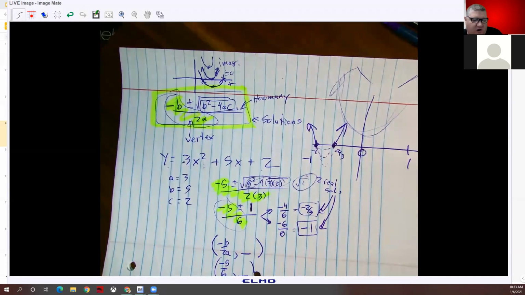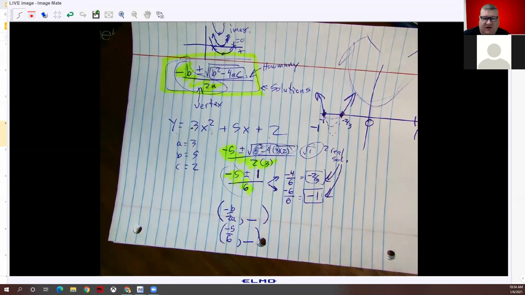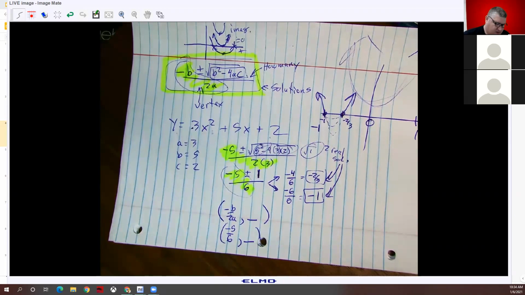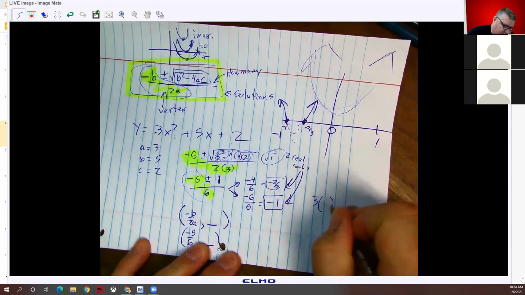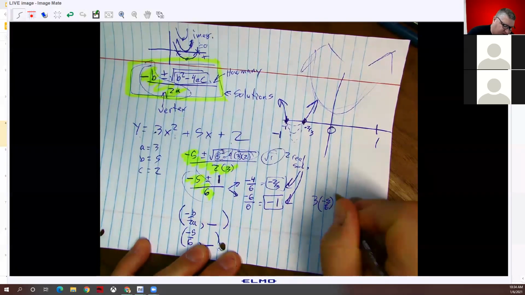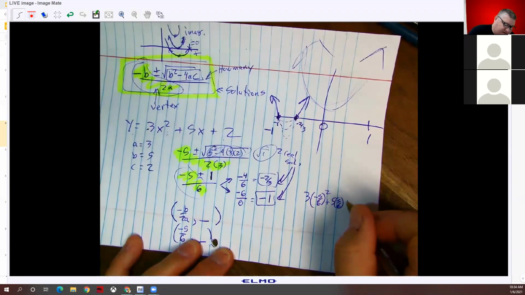How do I find y if I know x? You plug it back in. Okay. So I got 3 times negative 5/6 squared plus 5 times negative 5/6 plus 2.